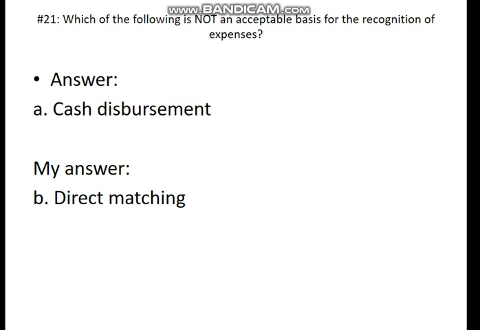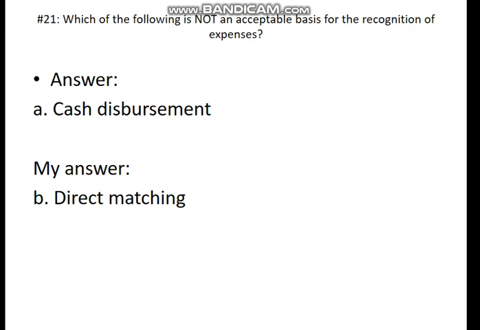If I'm looking at this one right, it makes sense for the cash disbursement to not be an acceptable basis for the recognition of expenses, because it's hard to have proof of cash being spent.